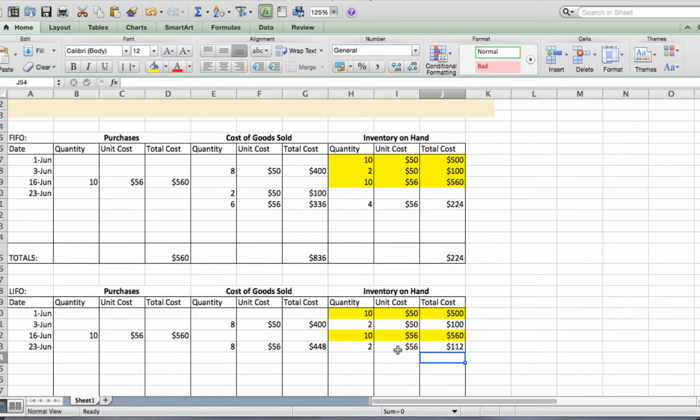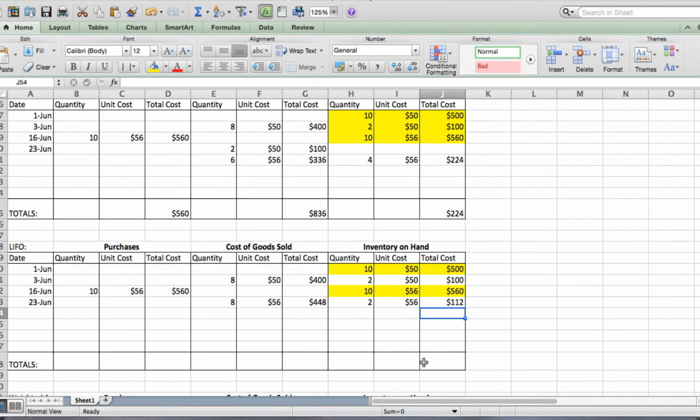Okay, so now I ignore the highlighted portions, and I just look at the remaining balance that's non-highlighted. So if I look at my total here, it's a total of $212 left in inventory. Total up to the cost of goods sold is $848. And total cost of purchases stays the same, $560.